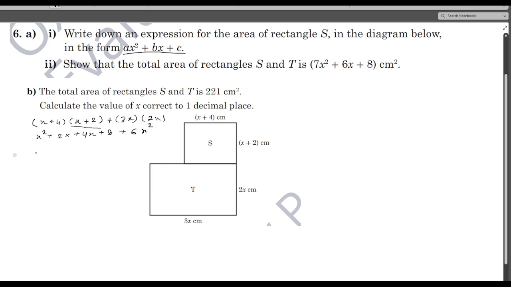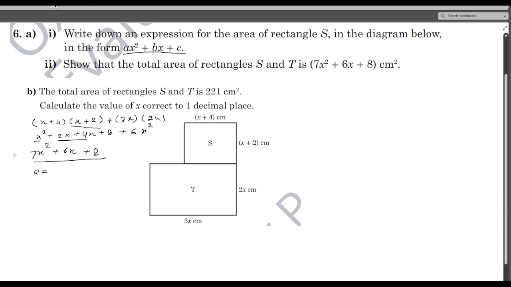Now we will write x square term first, so it is 6x square plus 4x plus 2x is 6x, it is 7x square, because in the beginning itself we have an x square term, so it is 7x square plus 6x plus 8. This is your expression for area.